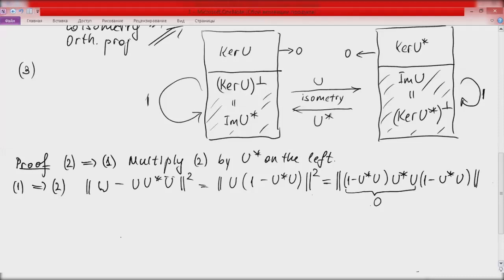So if P is a projection, then 1 minus P multiplied by P is 0. So this is 0. And we see that 1 implies 2.